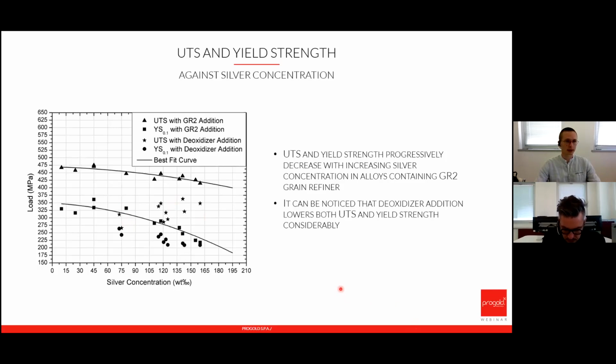So sometimes it's not necessarily good to take an alloy with a deoxidizer instead of one containing a grain refiner. There is no real trend for the deoxidized alloy.